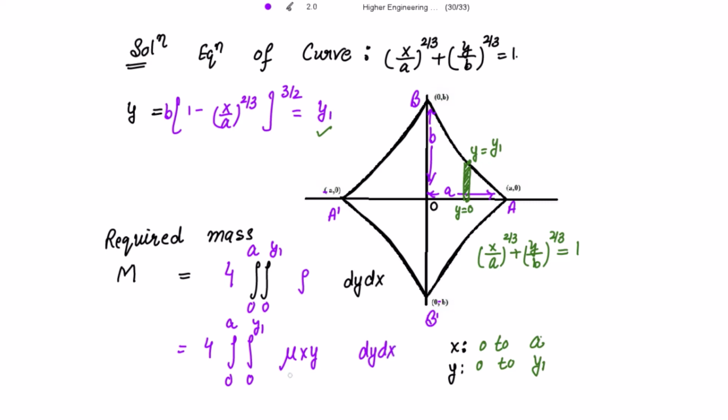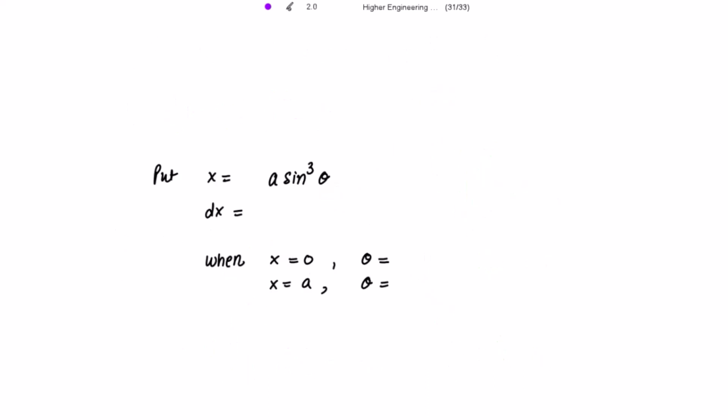So mu is constant, x is also constant, because we have to integrate this integrand with respect to y. So mu and x are constant for the innermost integral. So this is equal to 4 times the integral from 0 to a of mu x.